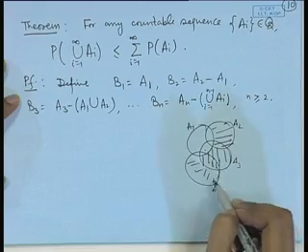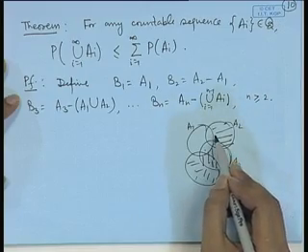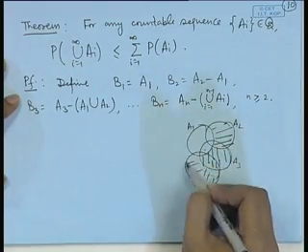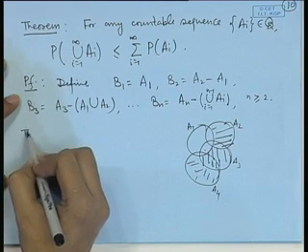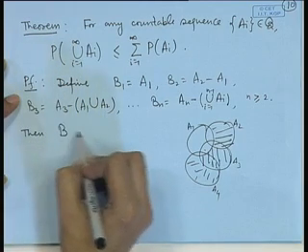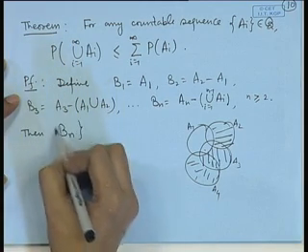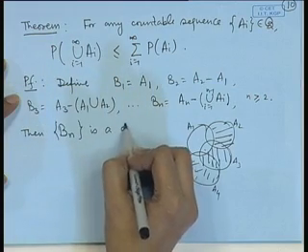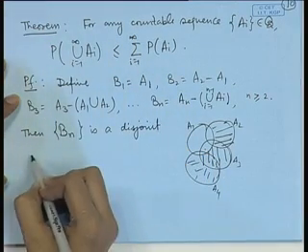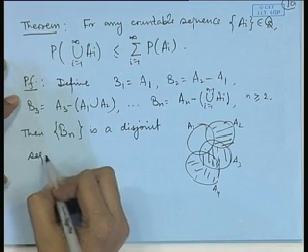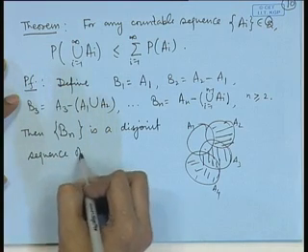So naturally you can see here that we are considering the union as a disjoint union. So then Bn is a disjoint sequence of sets.